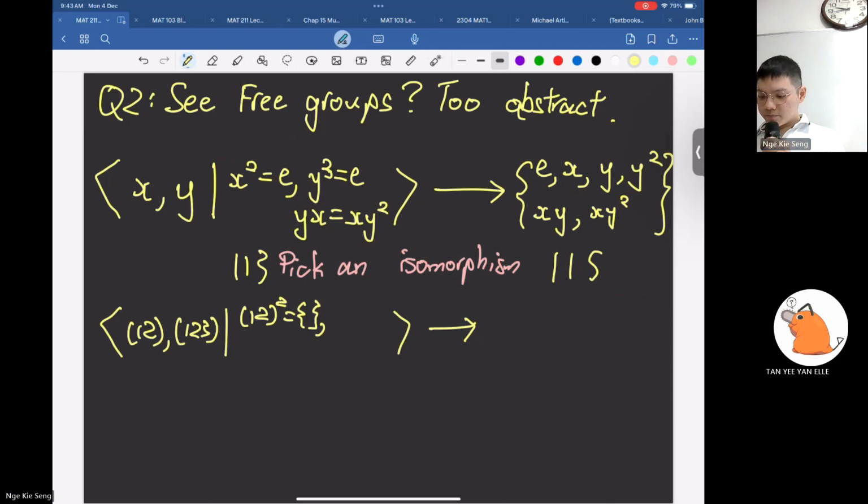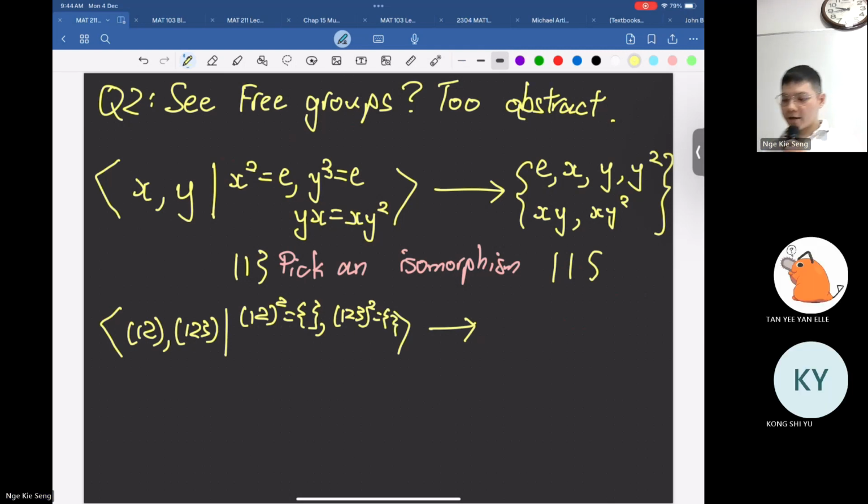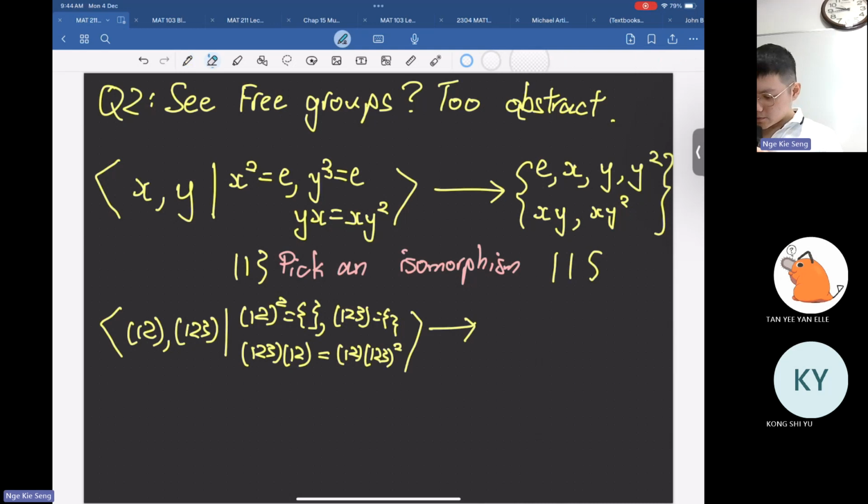Y cubed, (1 2 3) cubed to the empty word. If I do (1 2 3) then (1 2), it is the same as doing (1 2) on (1 2 3) squared. Oh, this one is cube. Thank you.